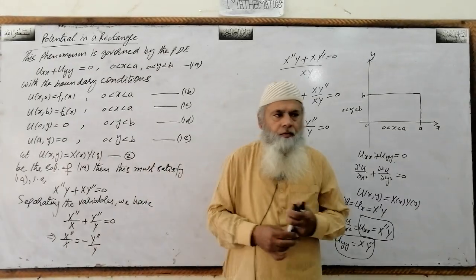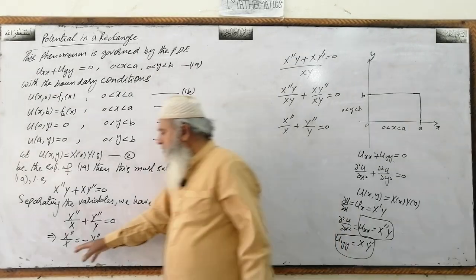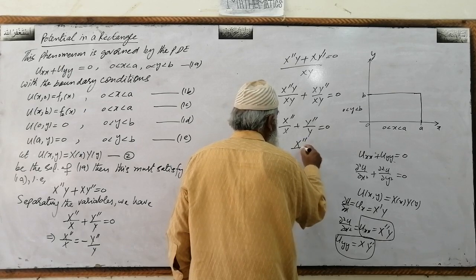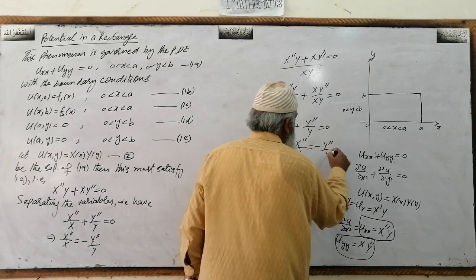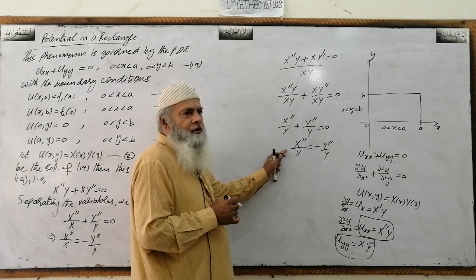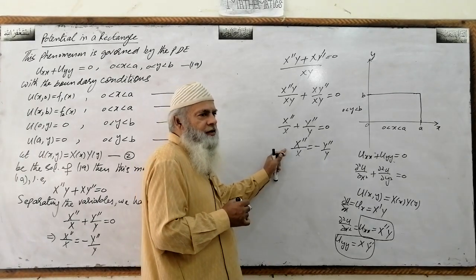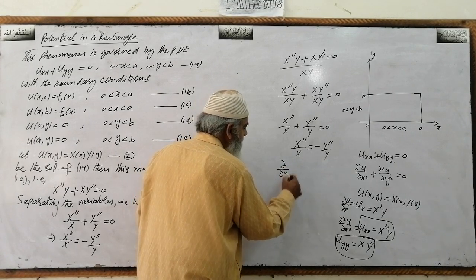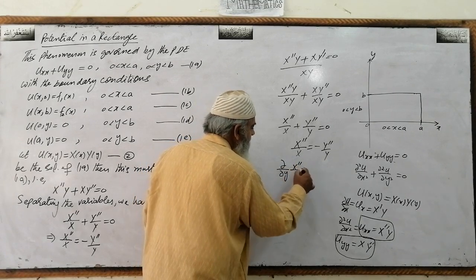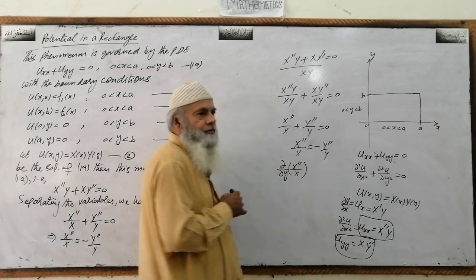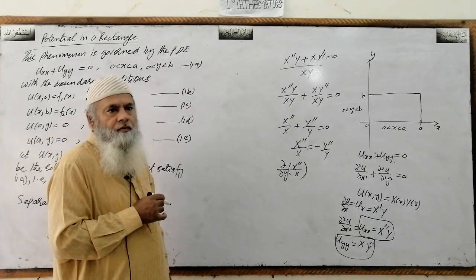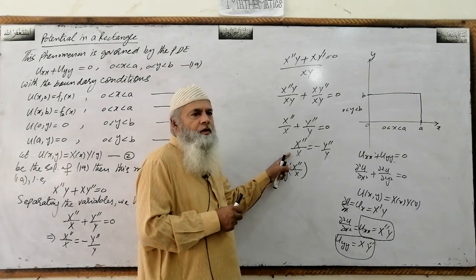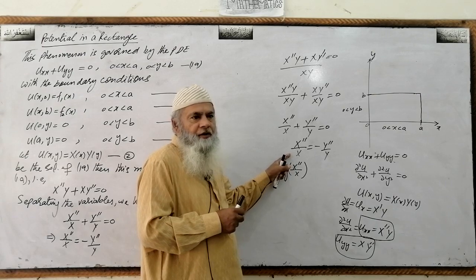Understand? Now look at here. On the left hand side, x double dash over x is equal to minus y double dash over y. What will happen on the left hand side if we take its partial derivative with respect to y? Keep in mind, this term in this form does not have y.